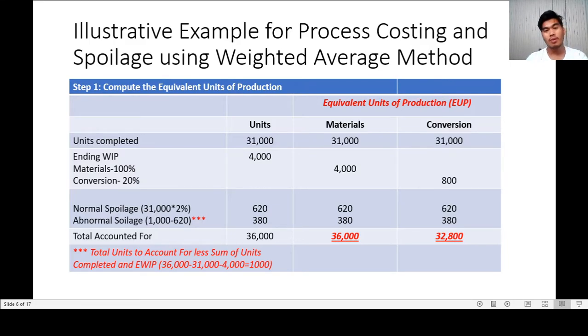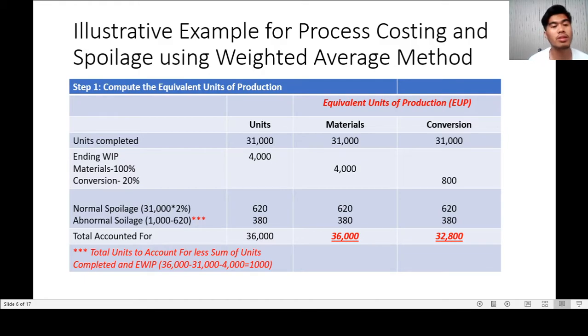So 31,000. For the ending work in process, for materials daw sabi, 100% na. So 4,000 under materials EUP. So for the conversion cost, sabi doon, yung ending inventory for conversion is only 20% lang yung natapos. So 4,000 times 20%, that is 800 units under conversion EUP.